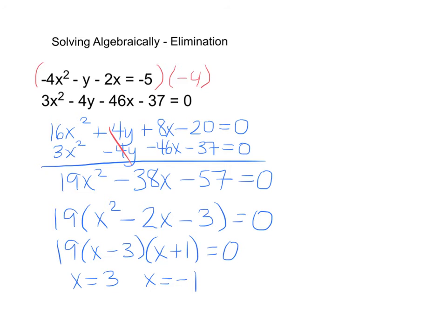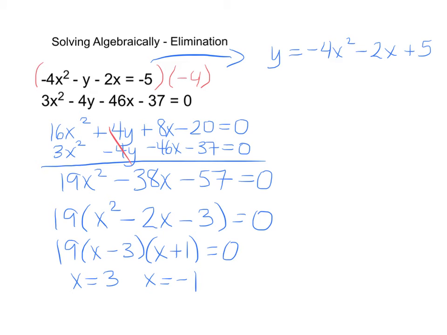So we go back to one of the equations that we started with and fill in those x values to find y. I'm going to take the first one and change it to y equals -4x squared minus 2x plus 5, moving the y over and moving the -5 over.